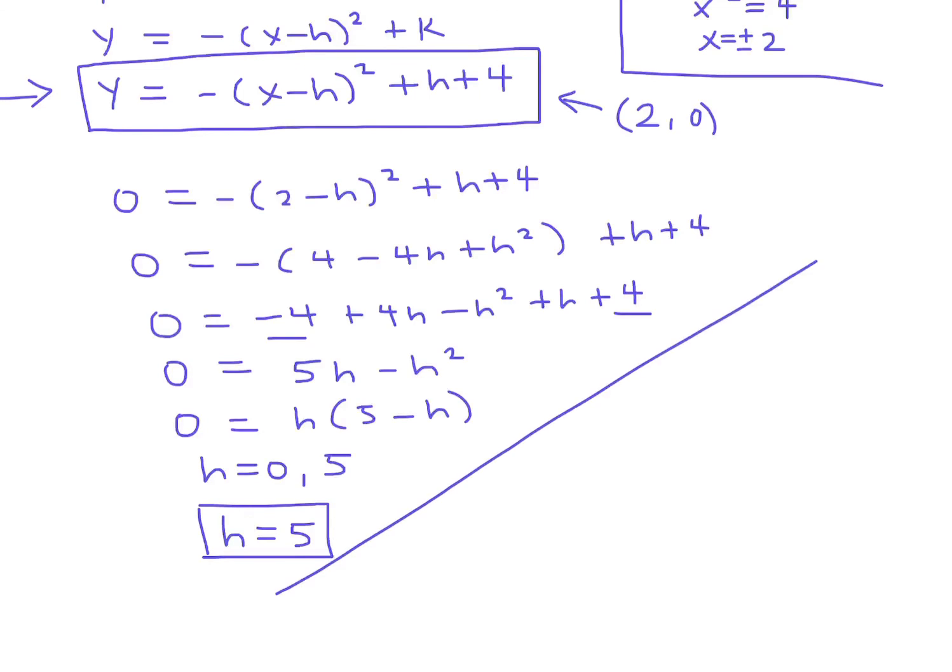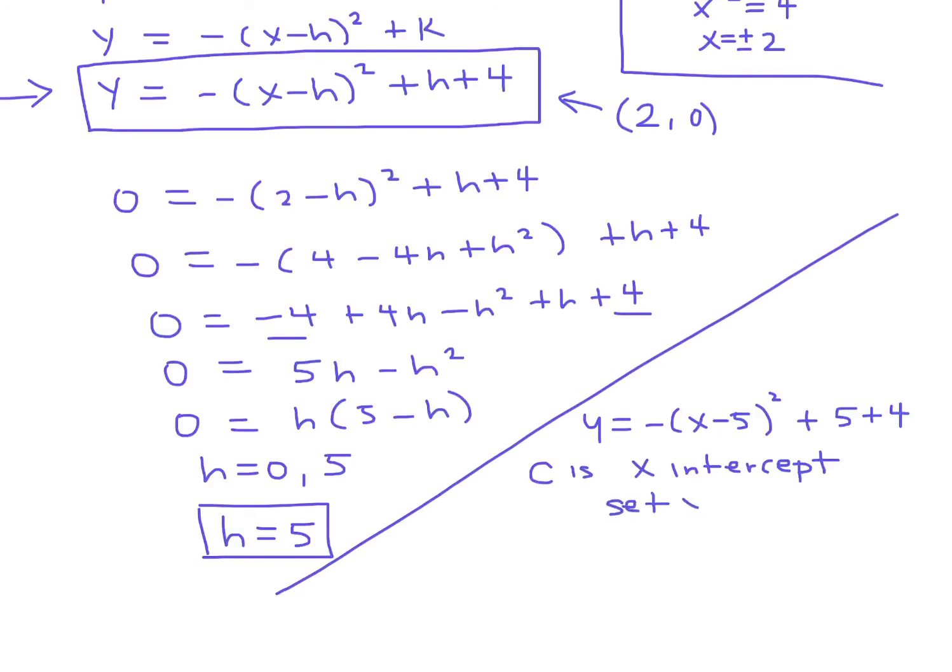All right, perfect. We are almost done. Our equation therefore becomes y = -(x - 5)² + 5 + 4. And now we can figure out C. C is an x-intercept, so we set y to 0.